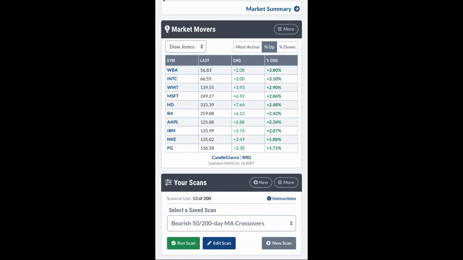Once they start to slow down, they may peak and then they may go on a downtrend. And so this particular scan is going to help find the turnarounds, whether they're positive turnarounds or negative turnarounds. So either way, that's going to help with seeing where the momentum is in these stocks. So let's go ahead and jump into it.